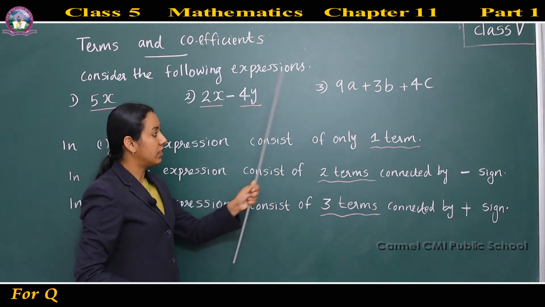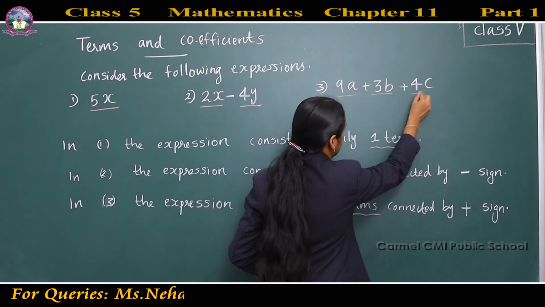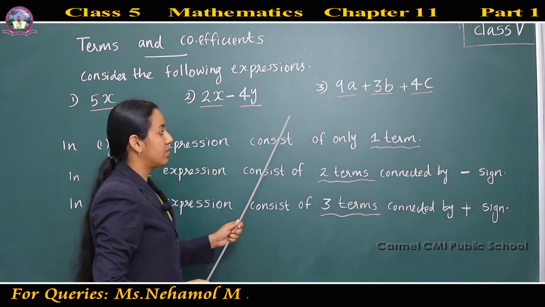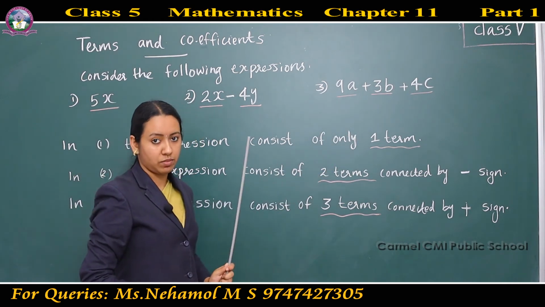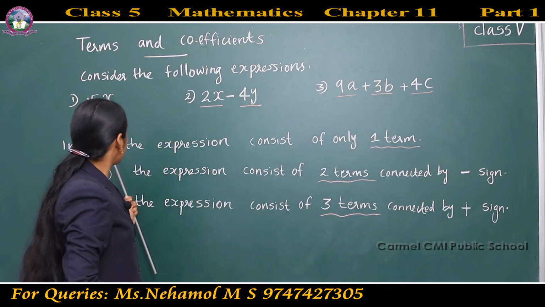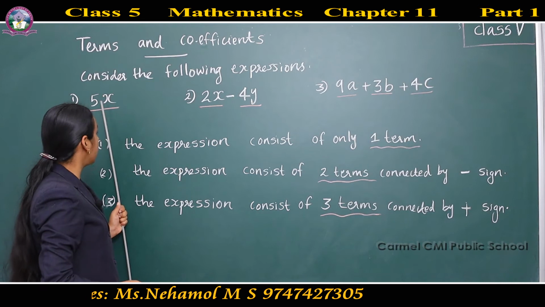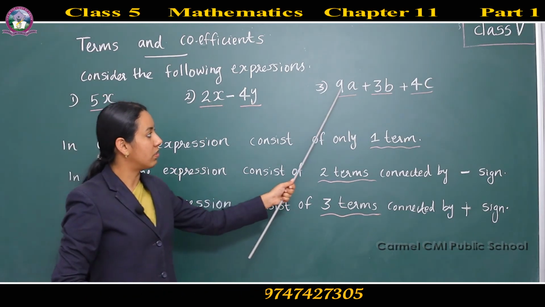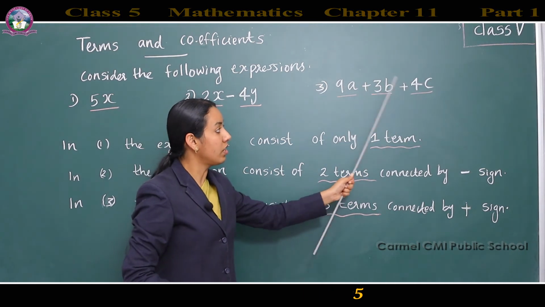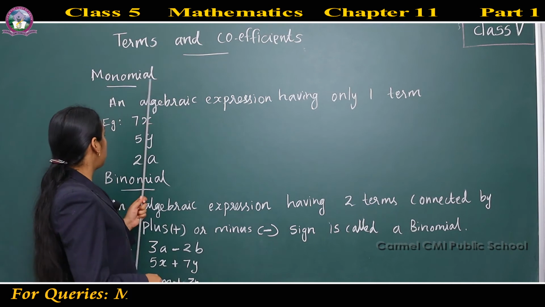Then the third one, how many terms are there? 1, 2, 3. The third expression consists of 3 terms connected by plus sign. So these are the examples of terms. First expression consists of only 1 term, second one consists of 2 terms, third one consists of 3 terms.